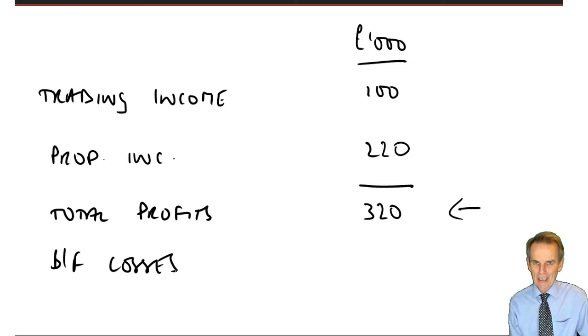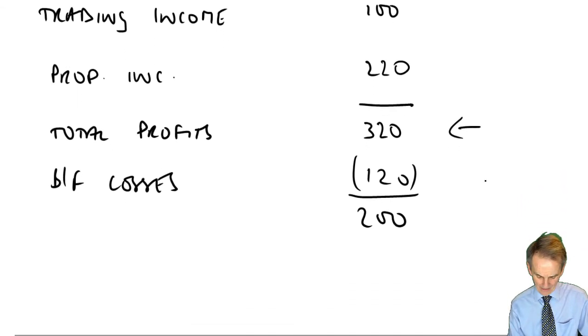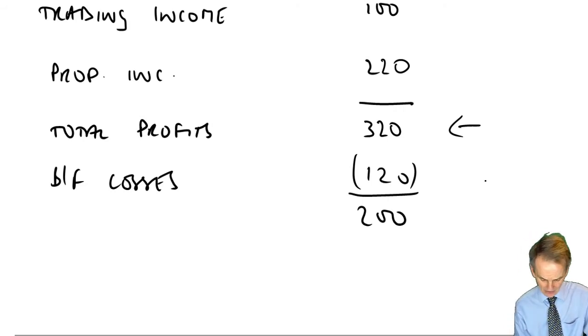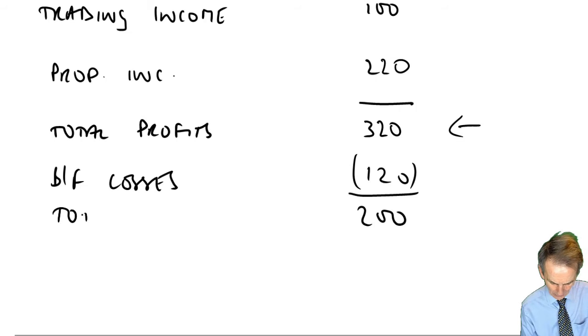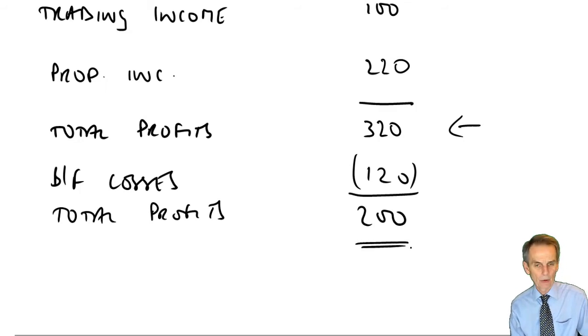If, for the sake of argument, those brought forward losses were £120,000, then that would leave £200,000 of revised total profit. Assuming there were no qualifying charitable donations of this period paid by this company, then to deduct from this revised figure of total profits, that would also be your taxable total profit.